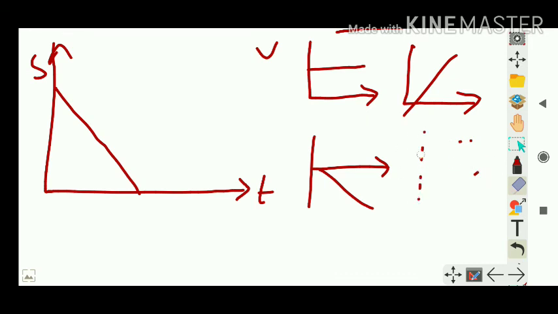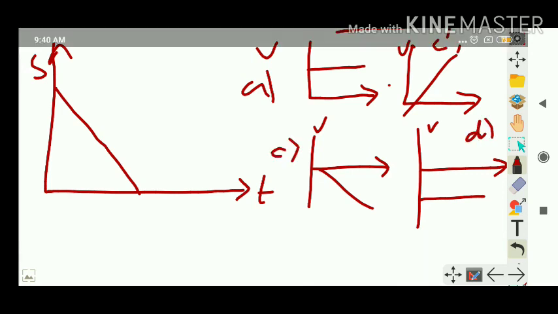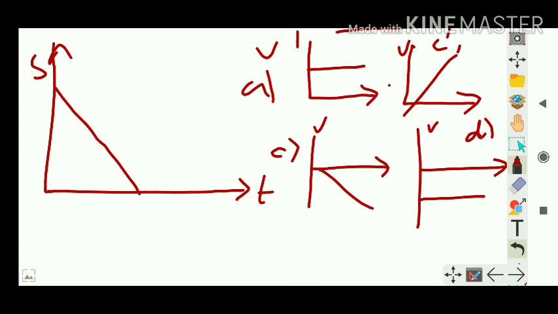I drew it wrong. Let's write the next option like this. This is the axis and this one, right? So all are velocity, velocity, velocity, right? So these are options. This is option A, option B, option C, and option D. So you are asked for this displacement time graph, which one of the velocity time graphs is true.